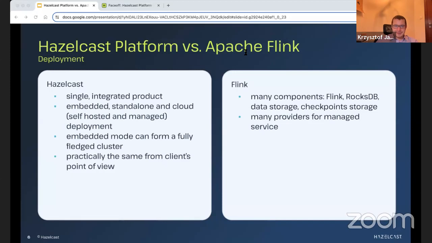Also, you can embed Hazelcast anywhere in your architecture. You don't have to completely revamp your architecture to leverage real-time data streaming. It can be added to existing infrastructure.